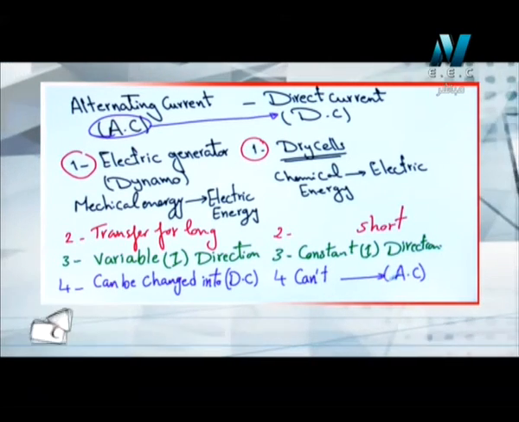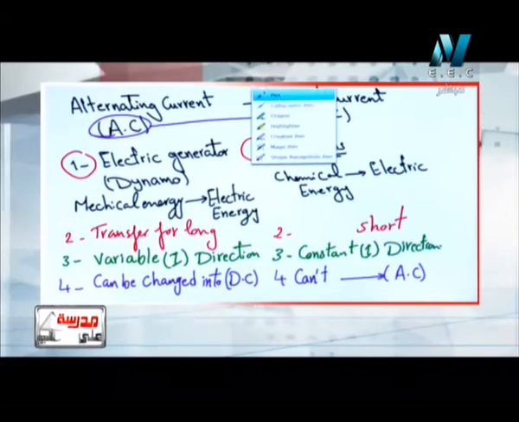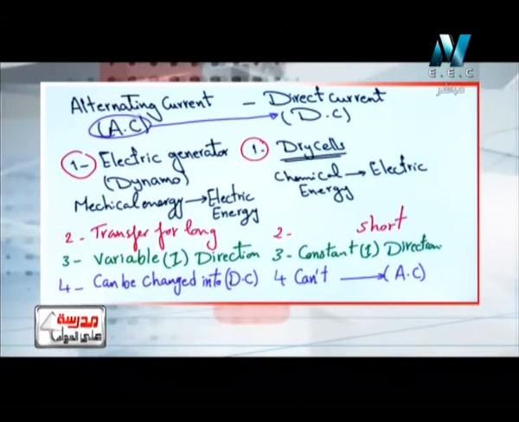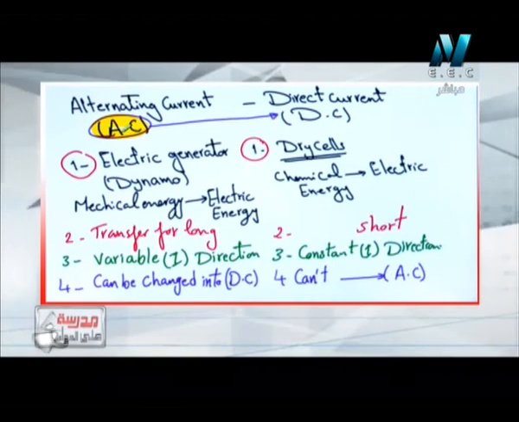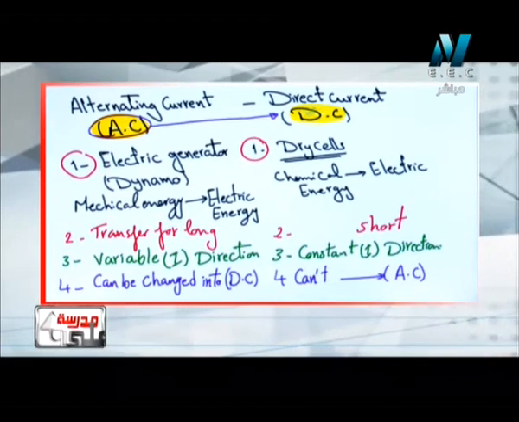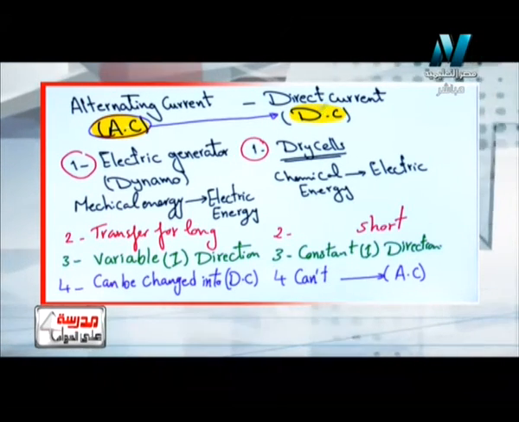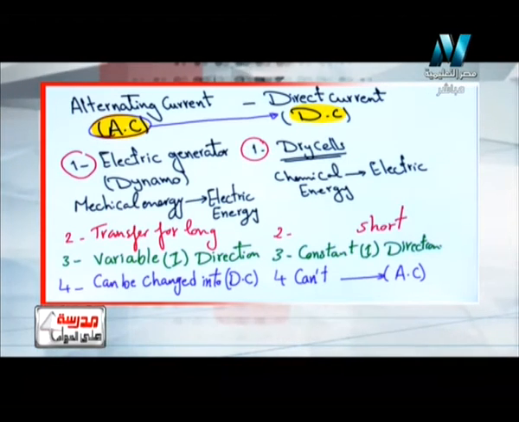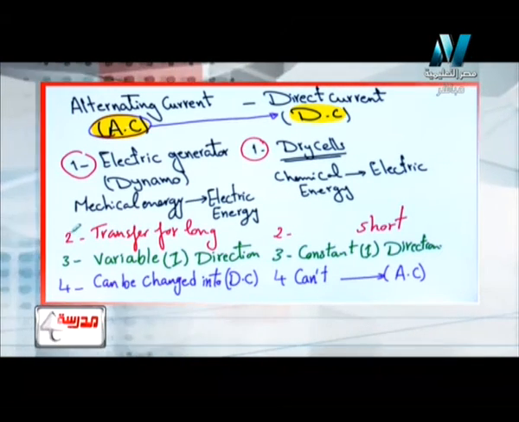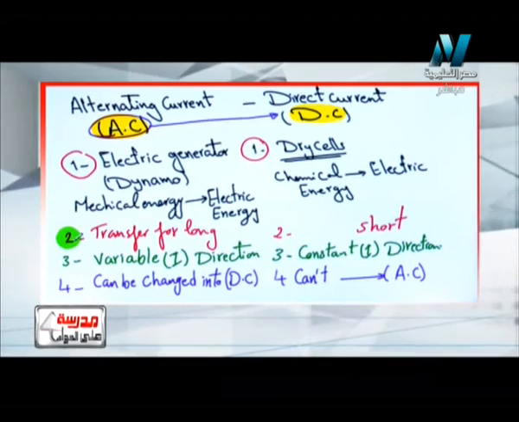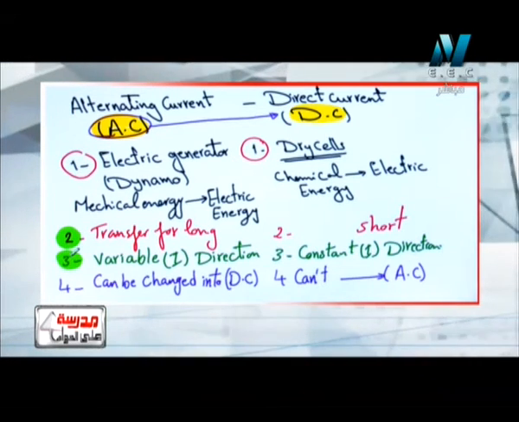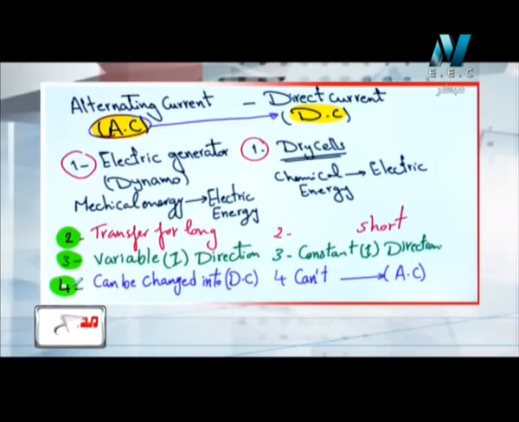So why do we prefer to use alternating current rather than direct current? Because, as the answer: number one, transfer for a long distance; number two, has variable intensity and direction; and number four, can be changed into direct current.